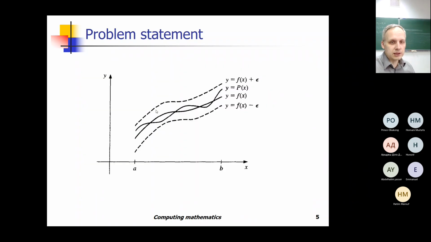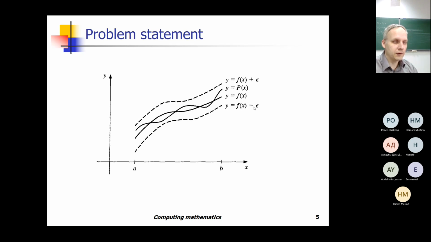This theorem is illustrated here on this slide. You may see here the graph of the function, this line. This line corresponds to the graph of the function. This line corresponds to the polynomial. And you can see that the polynomial p of x lies somewhere near this function, between upper bound and lower bound.